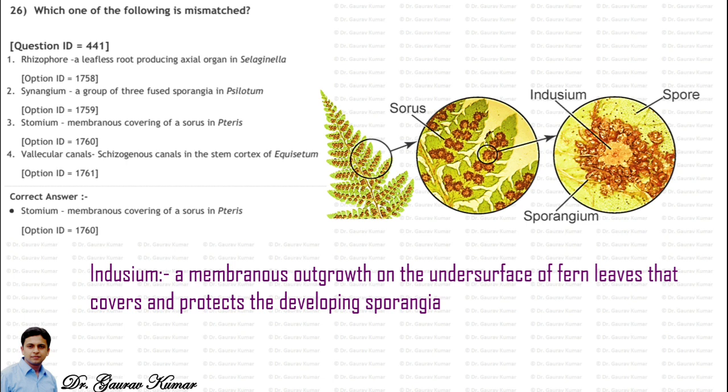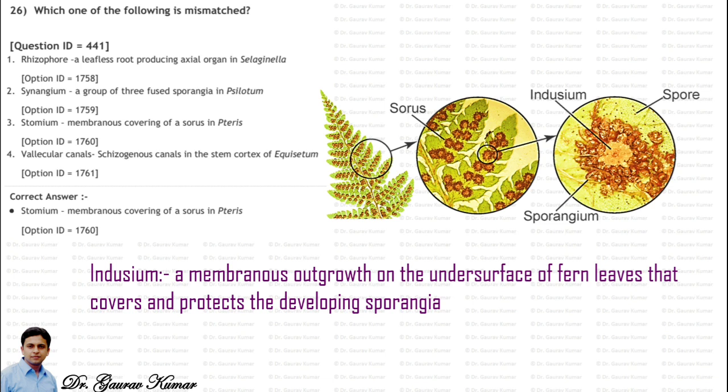If you just know the term stoma, you will immediately find that this stomium cannot be any membranous covering of anything, it should always be an opening of something, because stoma means mouth or opening. So as you understood, the membranous covering of sorus in ferns is known as indusium.